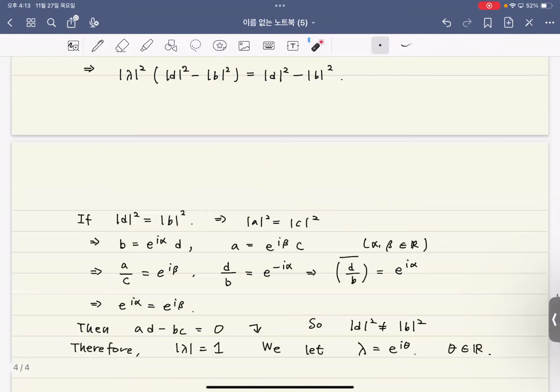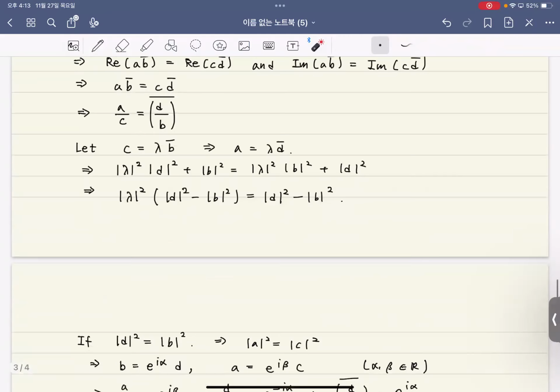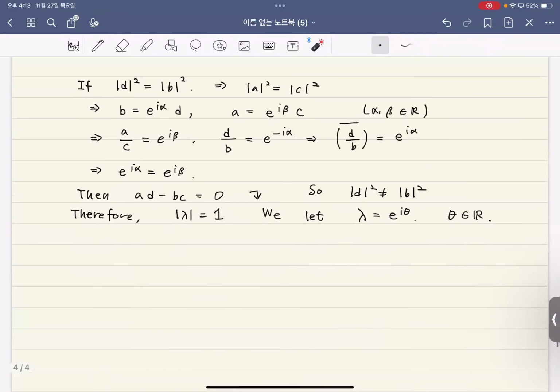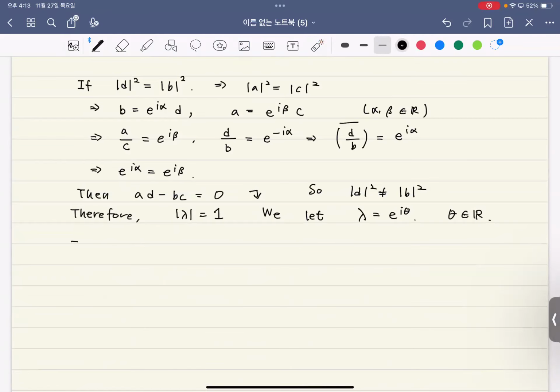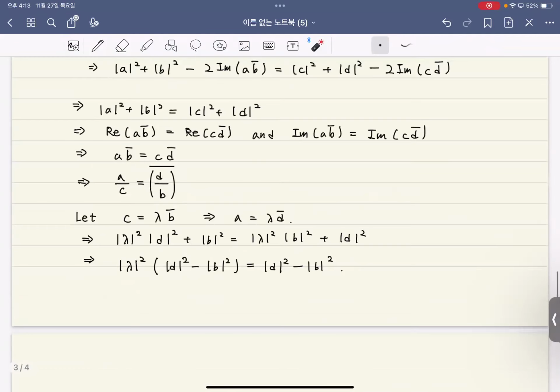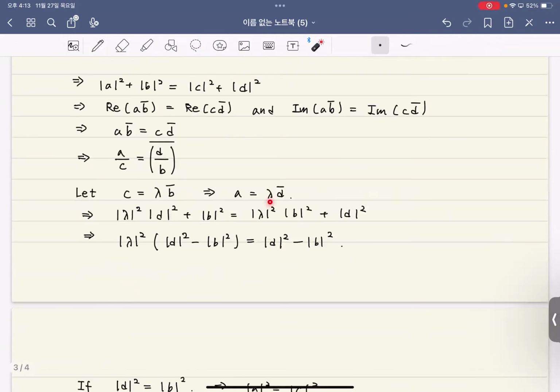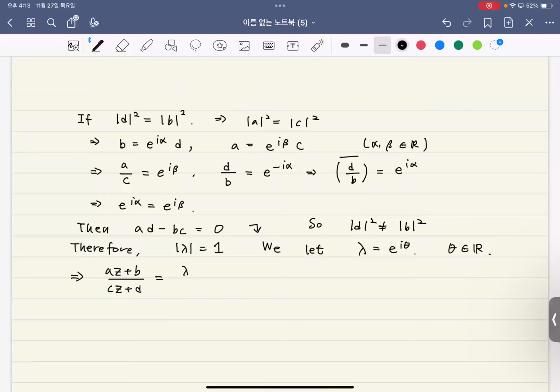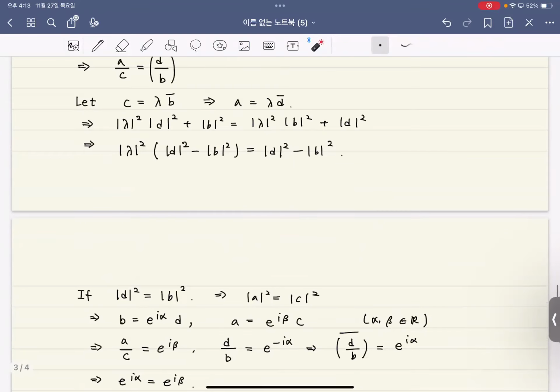Okay, great. Where are we now? AZ plus B over CZ plus D. What was my A then? A was lambda times D bar, so lambda times D bar times Z plus, what was my B then? I'm getting confused.